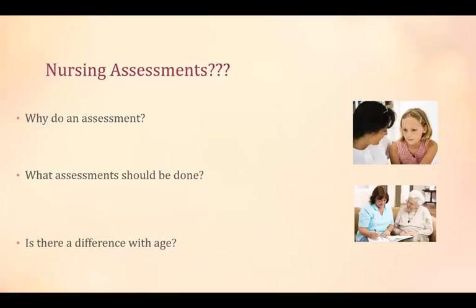So there's a Beck and a Zung depression scale. There's a geriatric depression scale. There's the global assessment of functioning. There's another one to test cognitive functioning. One is the mini mental status exam, and the other one is called the SLUMS. Again, those are posted on Blackboard.